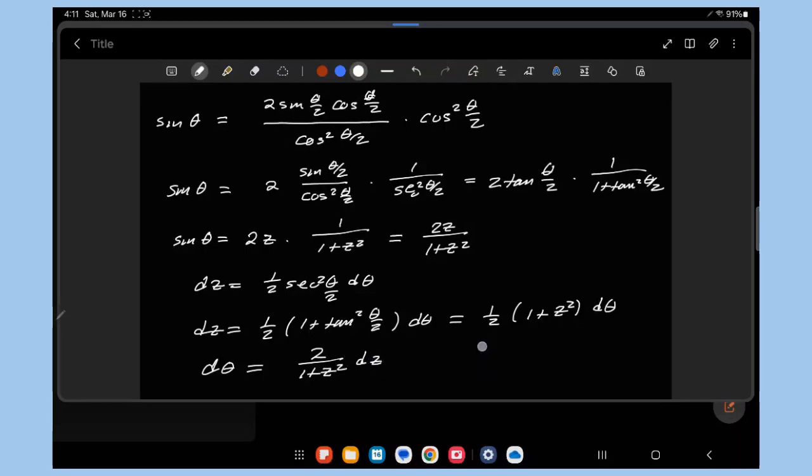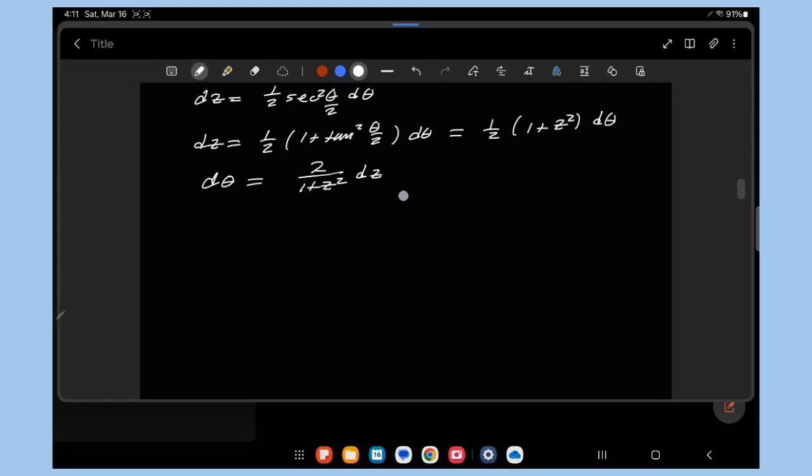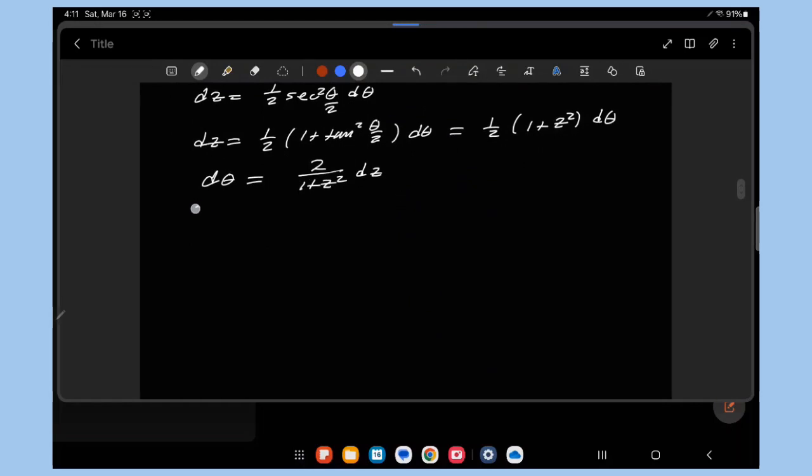So now when we consider the integral of 1 over 2 plus cosine theta d theta, we have the following. We have the integral of 1 over 2 plus, and then the cosine of theta was 1 minus z squared over 1 plus z squared.